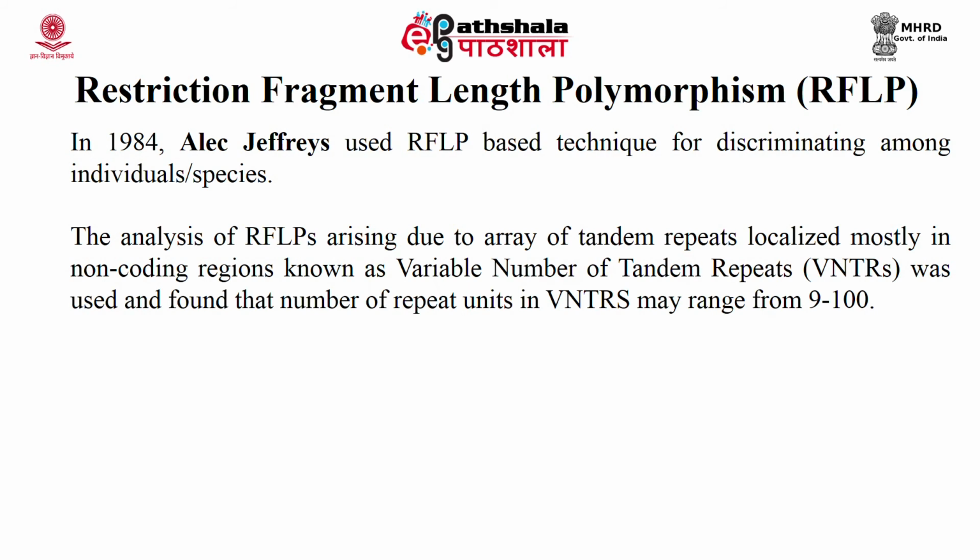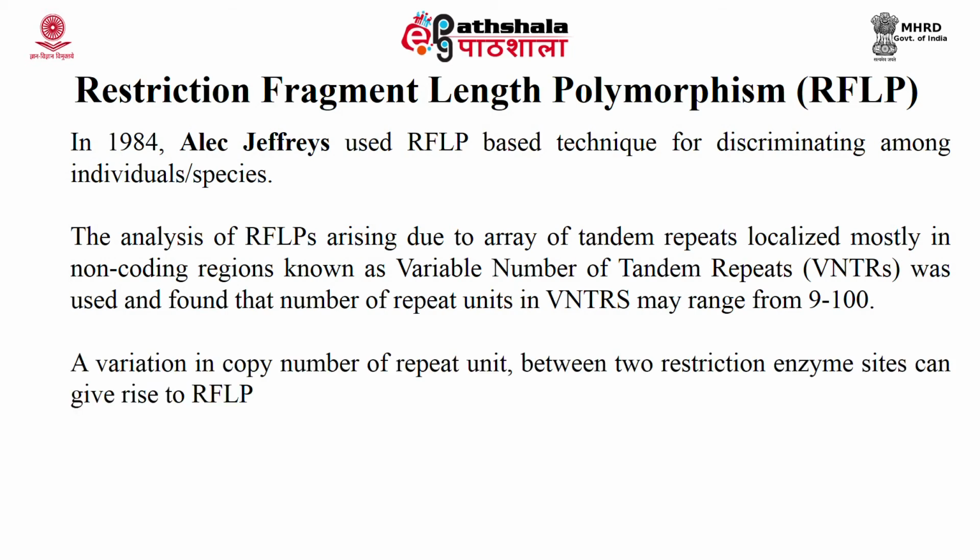The analysis of RFLP arising due to an array of tandem repeats localized mostly in the non-coding region, known as variable number of tandem repeats or VNTR, was used, and it was found that the number of repeat units in VNTR may range from 9 to 100.